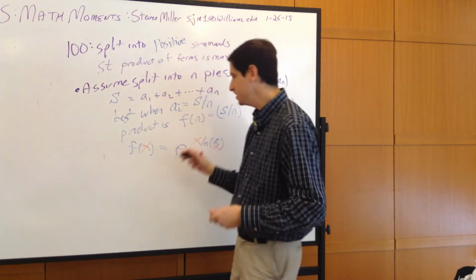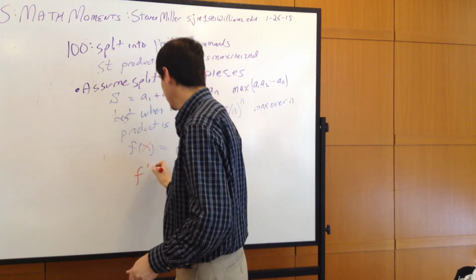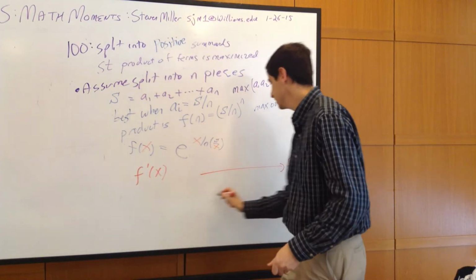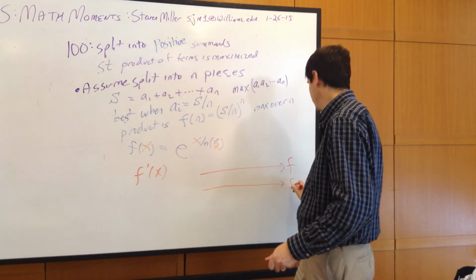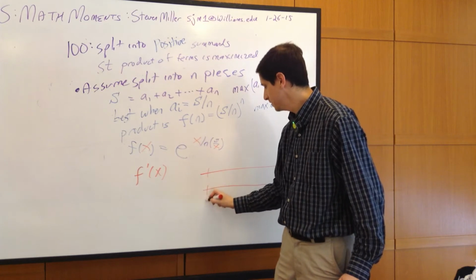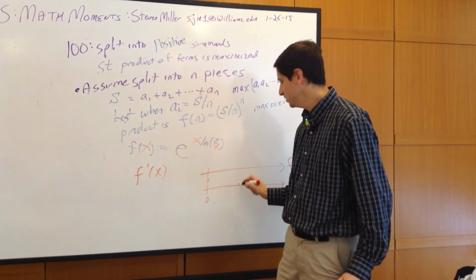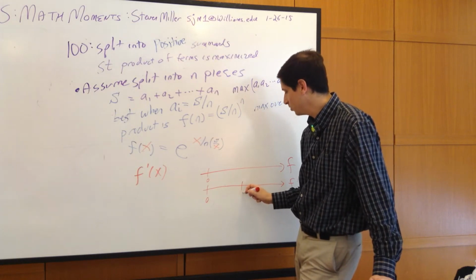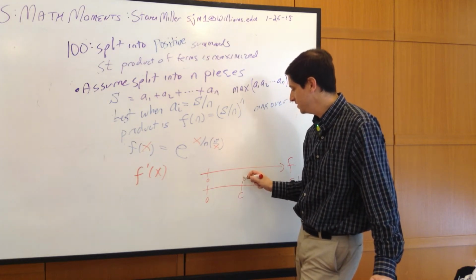I'm not going to go through all the details now. What you would do is calculate f prime of x, and then you would have here's f, and here's f prime. You would find a certain critical point. I will leave that deliberately vague. So you have some special critical point, we'll call it c, where the first derivative is 0.